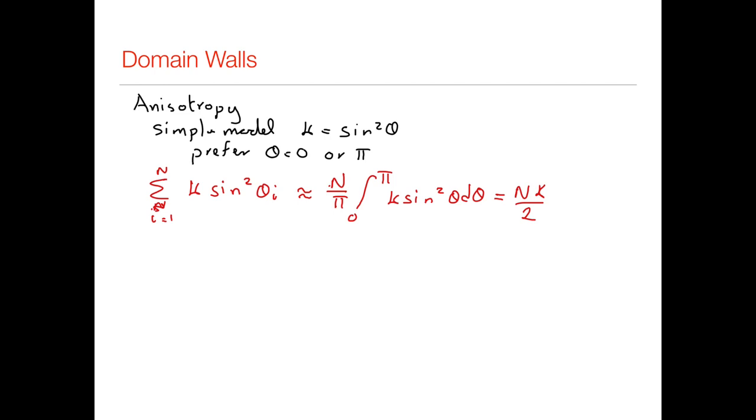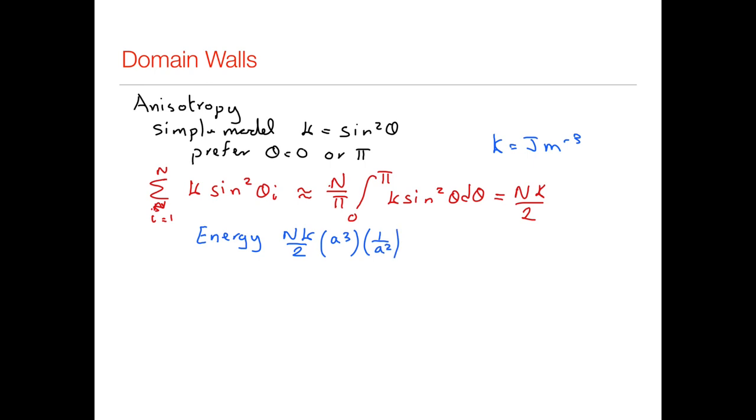Now I just have to be a little bit careful with the units of k. K is usually defined to be an energy density, so it's usually joules per meter cubed, for example. In order to get the energy, I would need to do nk over 2 times a cubed, and divide by 1 over a squared as I did before.